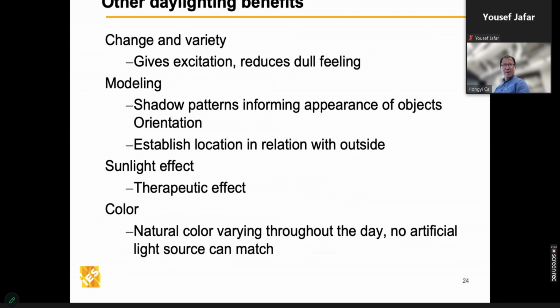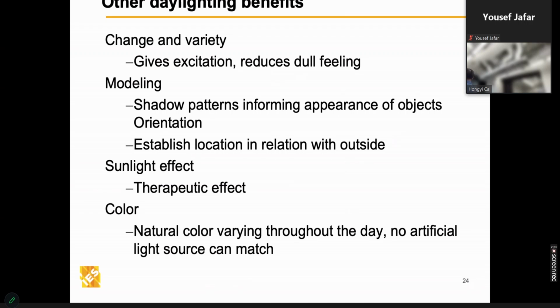Other daylight benefits: since daylight is dynamic all the time, it can offer you very nice changes and variety, and give you excitement. For this window, it's like a strip window, so we do have a shadow over there on that wall, and that shadow will change over time.